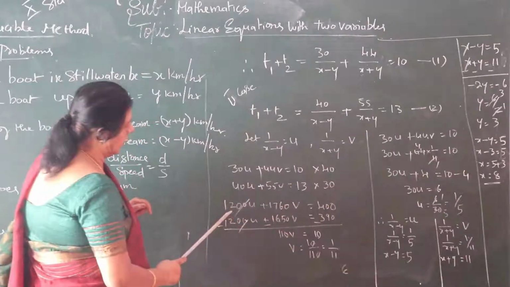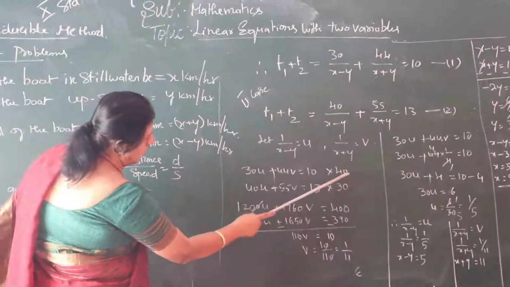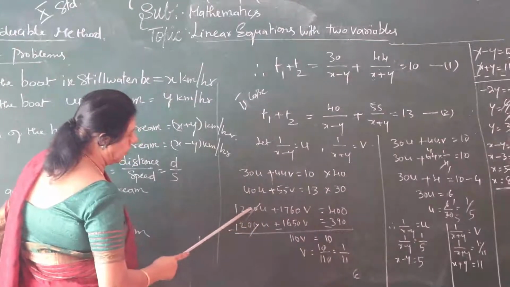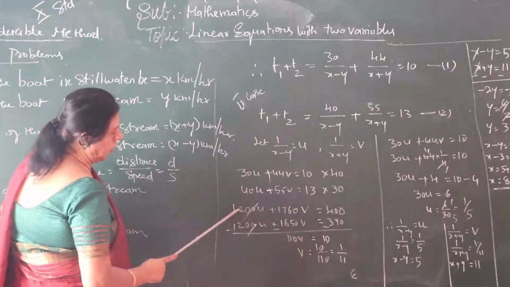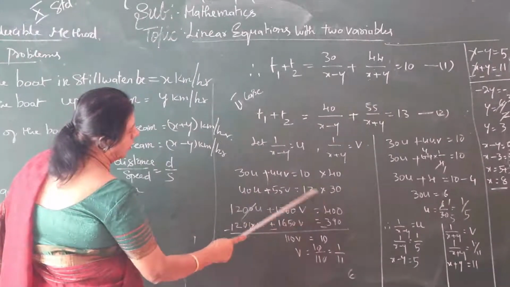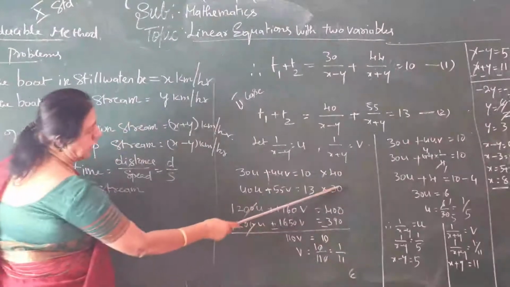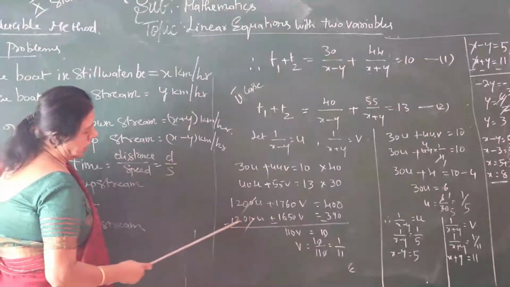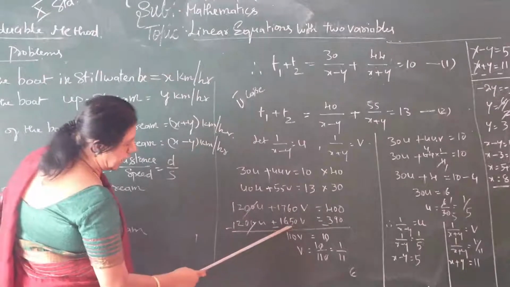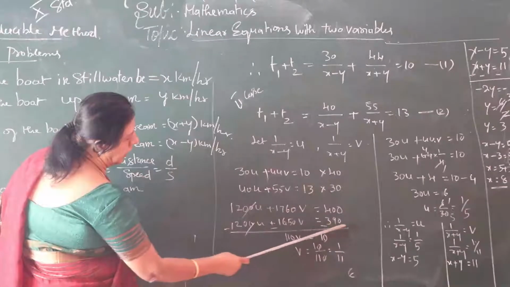So the multiplication value is 1200. 1200 u plus 1760 v is equal to 400. Here you see 30 into 40 is 1200. 1200 u plus 1650 v is equal to 30 into 13, which is 390.